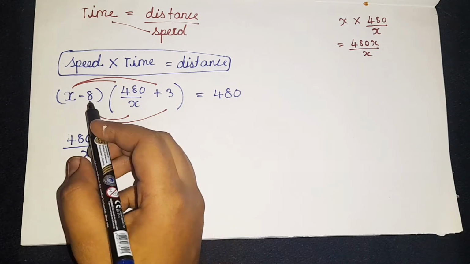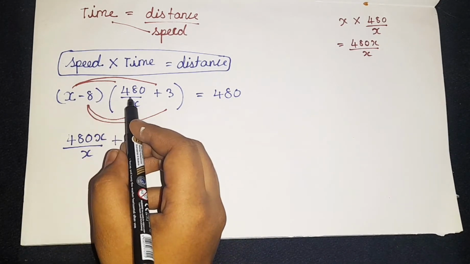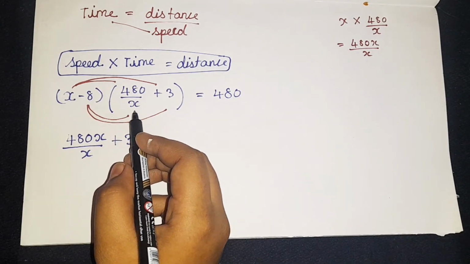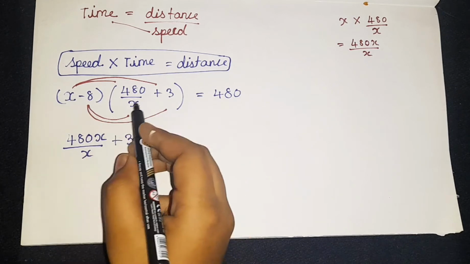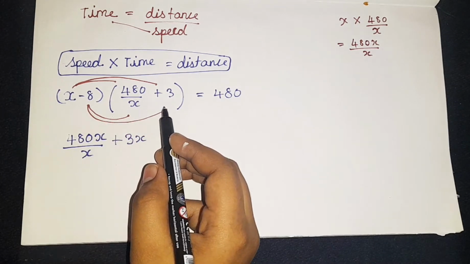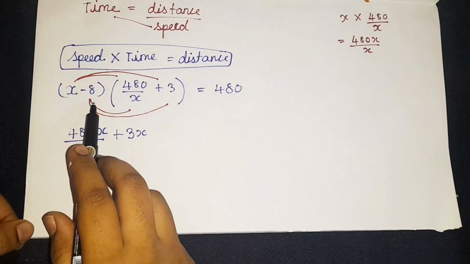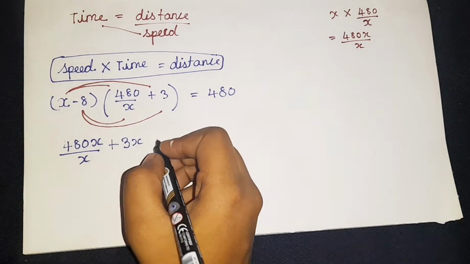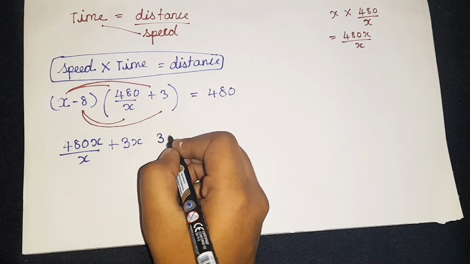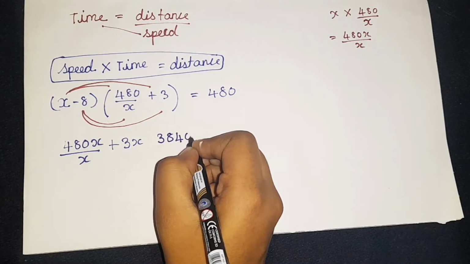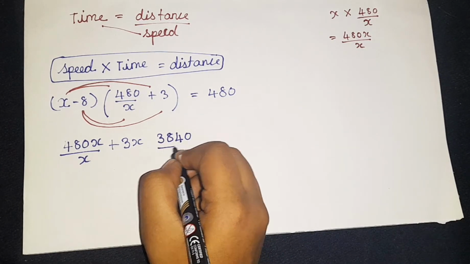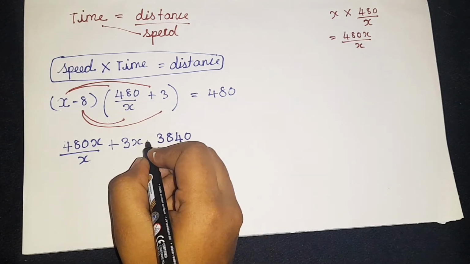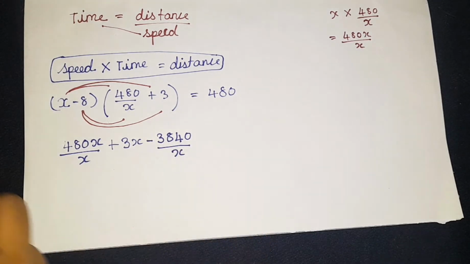Alright, now let us multiply minus 8 with 480 divided by x and 3. When we multiply 8 with 480 divided by x, we get 3840 divided by x. So it is minus 3840 divided by x. You guys might be wondering how.